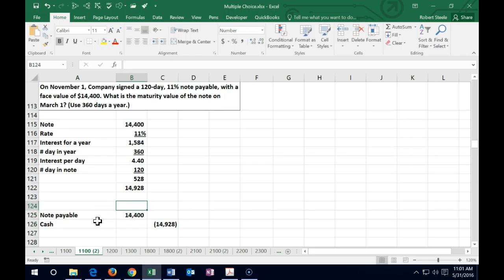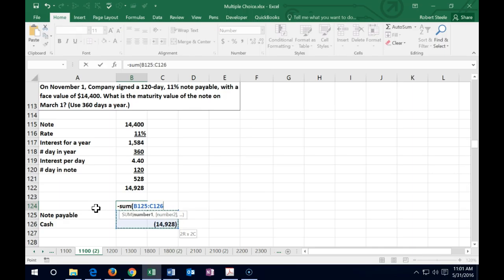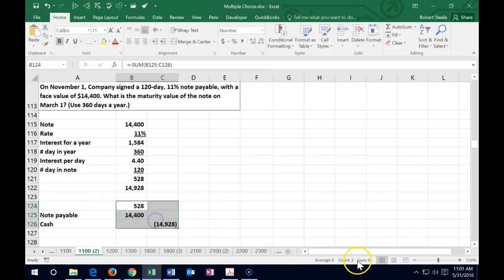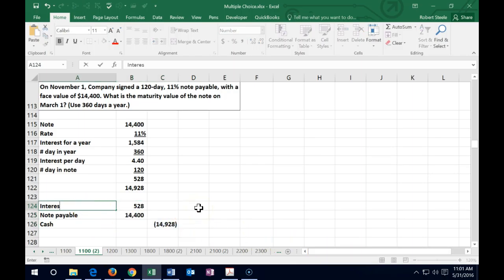And then of course we have the difference here, the difference being the 528 that we need to debit in order to be in balance. I'm going to do that with our negative sum function. Negative sum of these. Take those two numbers, flip the sign. That's our plug, so that our debits minus our credits equals 0. And that plug will go to interest expense. So that's going to be the interest expense.